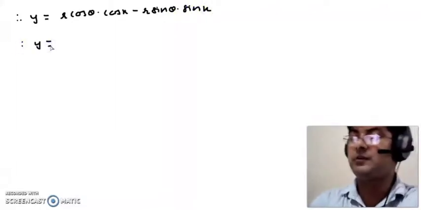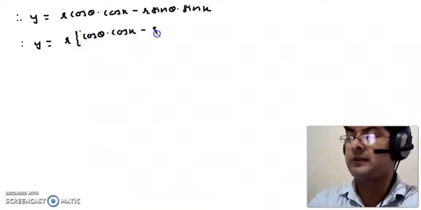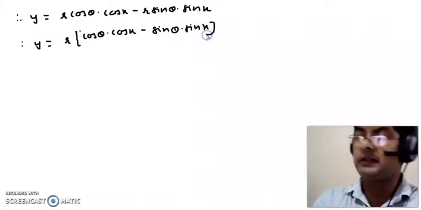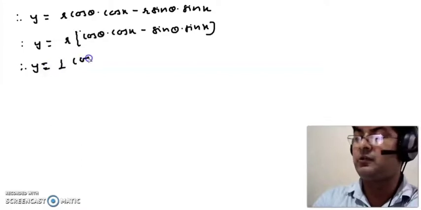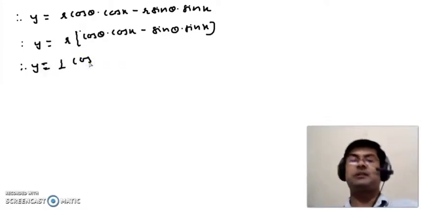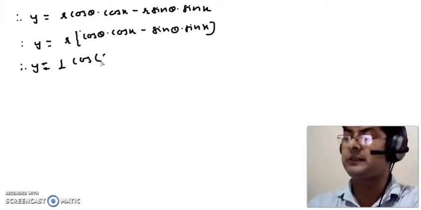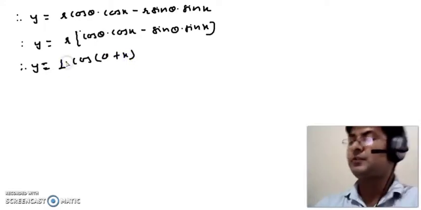Therefore y is equals to r common, and we have cos theta into cos x minus sin theta into sin x. Therefore y is equals to value of r we have calculated, it is 1, and cos theta into cos x minus sin theta into sin x is the formula of cos theta plus x, or x plus theta, anyway we can write. Yes or no?